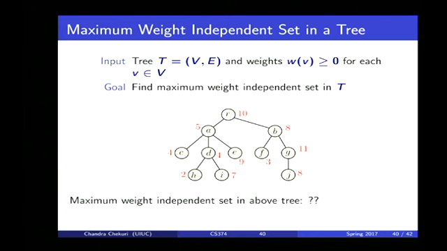So to solve the problem in the tree, I try throwing the root out, in which case I get two subtrees like this. The other case is I include the root, which means I throw out the children, in which case I get this guy, this guy, this guy, this guy, this guy. Now I have to recurse on all of them.